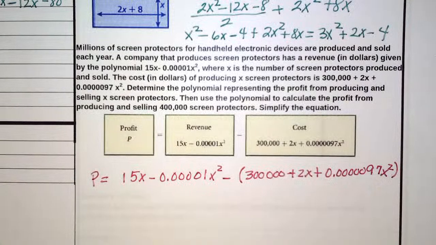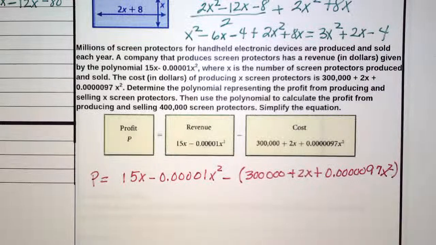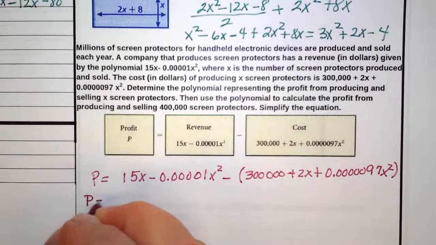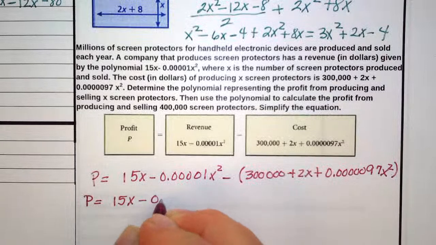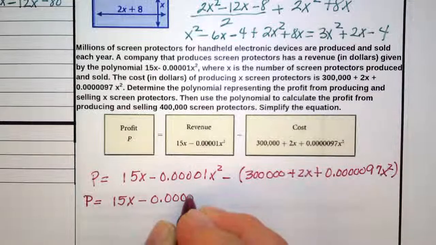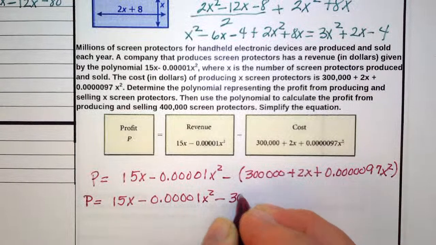Okay, now we have to distribute that negative sign. We've got to multiply everything inside by negative 1, and they will all become their opposites. So my profit is equal to 15x minus 0.00001x squared minus 300,000.